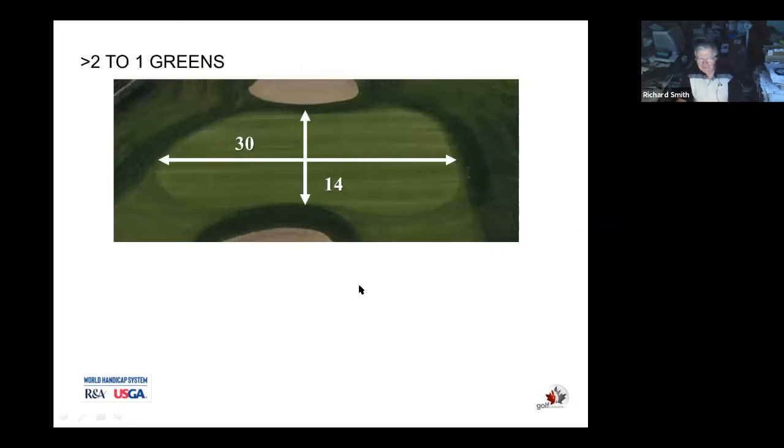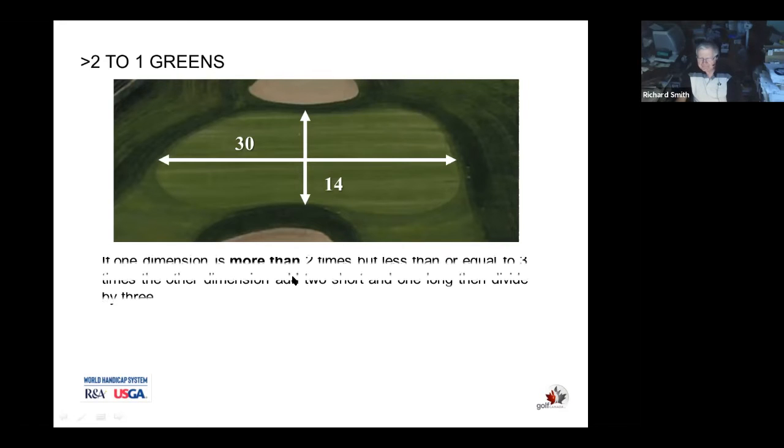Then we have types of green in which one of the dimensions is more than twice the other. Example here, one which is 30 by 14. If that is the case, we take an average of 2 times the short and the 1 long.